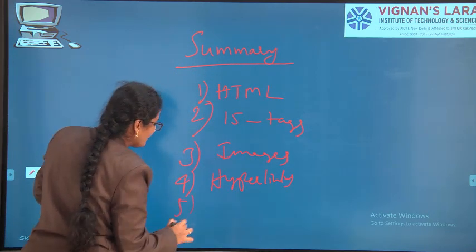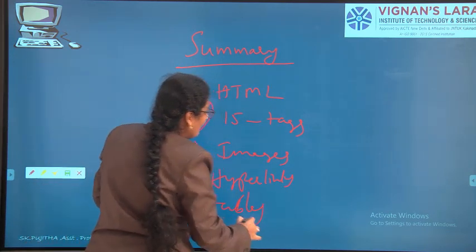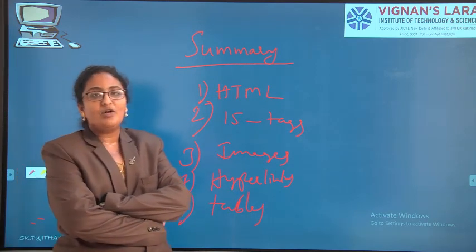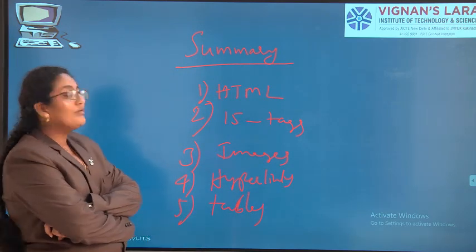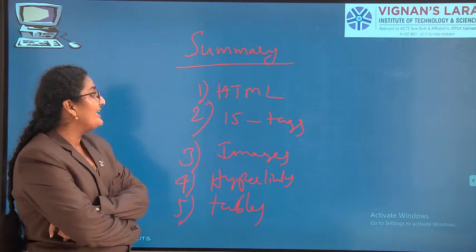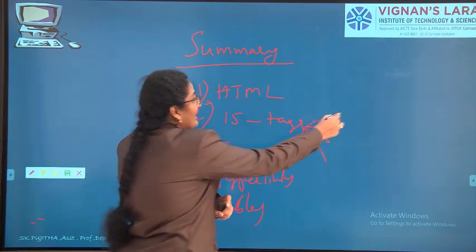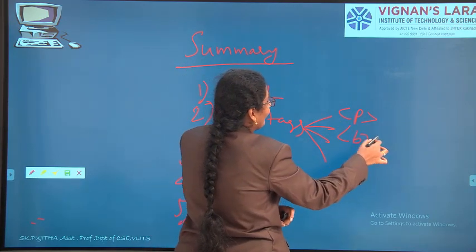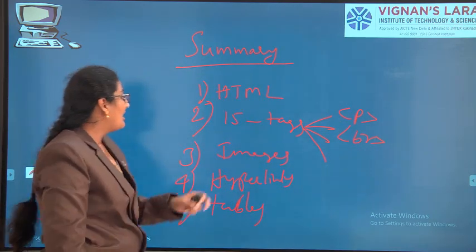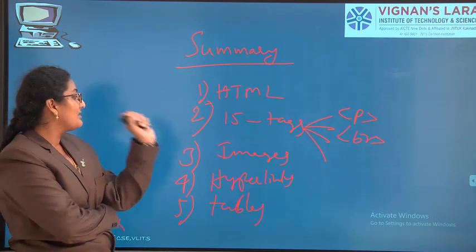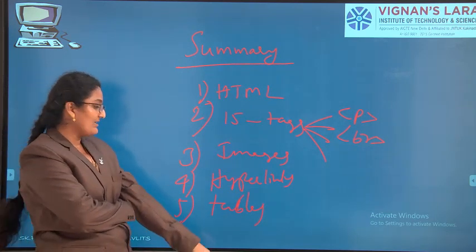And we have discussed tables. So I started with what is web technologies, what is web. I have told you what is HTML. Then 15 different tags in HTML like paragraph, break, and we have discussed images. Then we have discussed hyperlinks and tables.